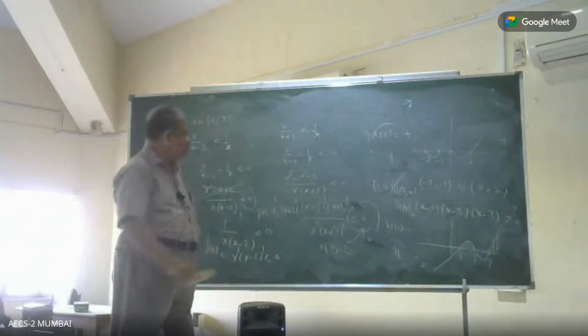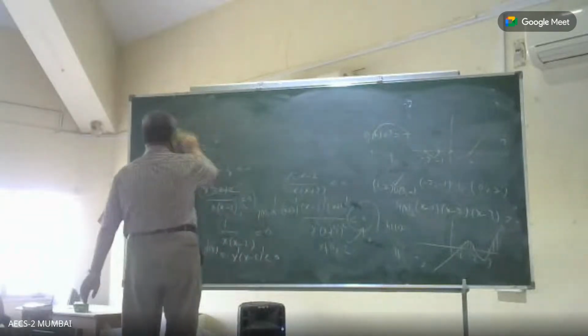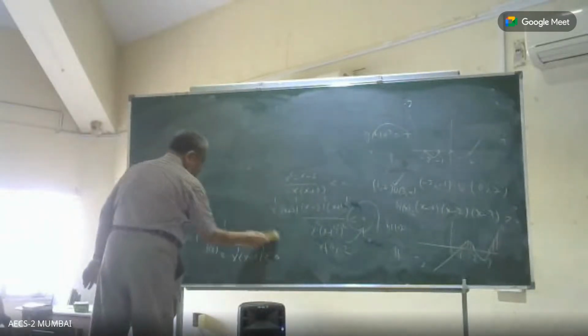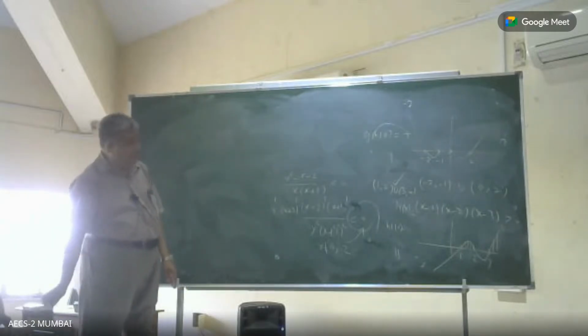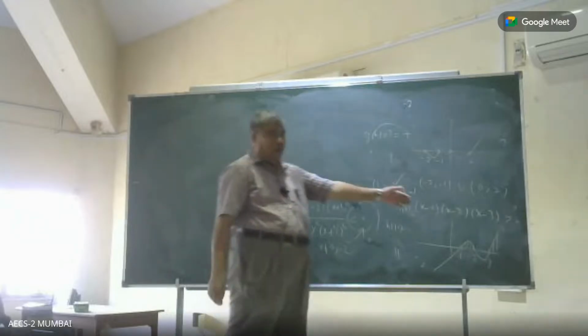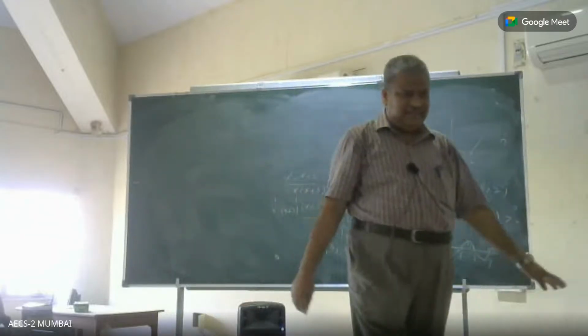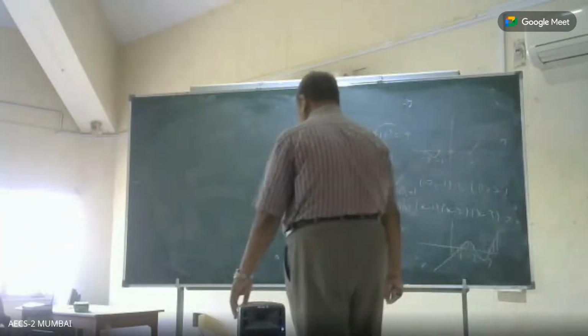Now let us see some more. In some questions, you have to bring it down to this form. Some questions are straight away like this. So let's see this one.